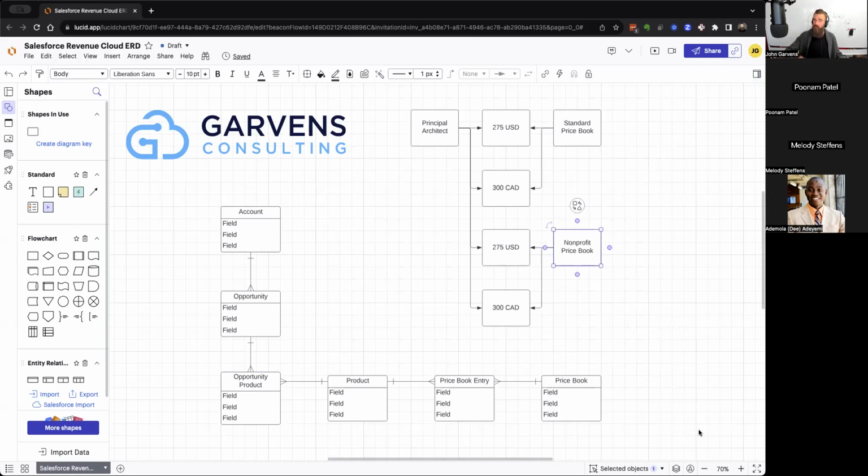Because systematically, an opportunity can have only one price book selected. So I could choose Acme Corp's price book or their acquired company's price book, but I cannot put both in the same field. I can only look up to one record.